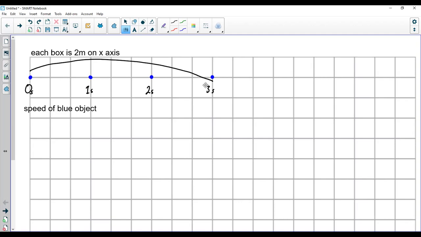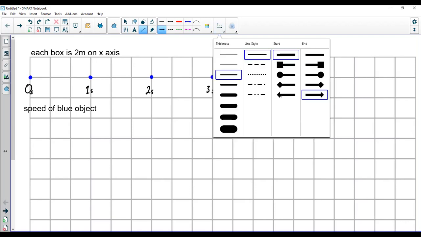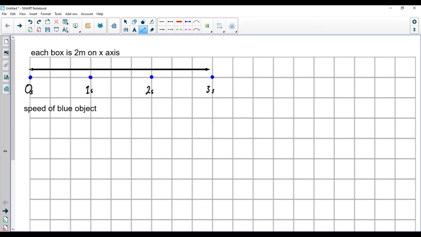So from here to here in 3 seconds, how much distance has it covered? Can you tell me how much distance it has covered in all 3 seconds? 8 meters. Each box is 2, so that's 2, 4, 6, 8, 10, 12, like that. So how many boxes are these?